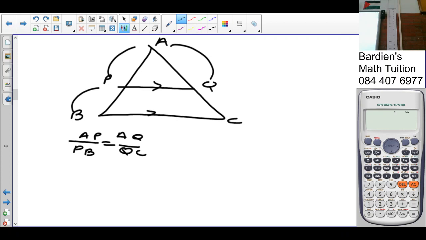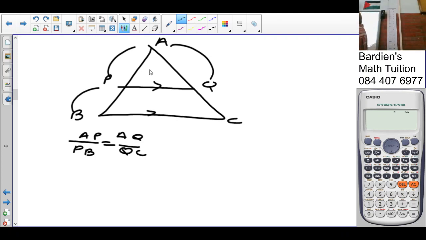That's the theorem we proved yesterday, not so? So if you have a triangle and a line parallel to the third side, PQ parallel to BC, then that line will divide the sides in proportion. Okay? That is where we get the name proportionality theorem from.